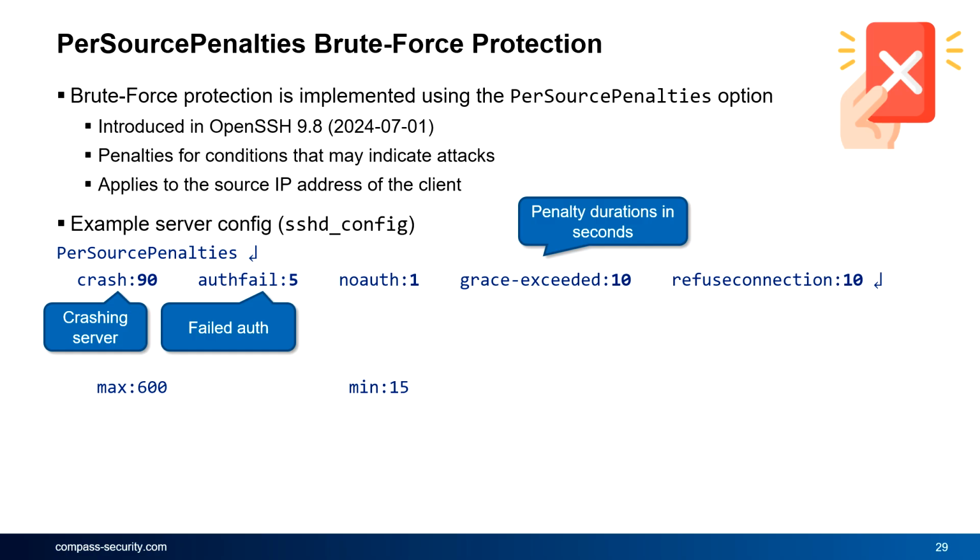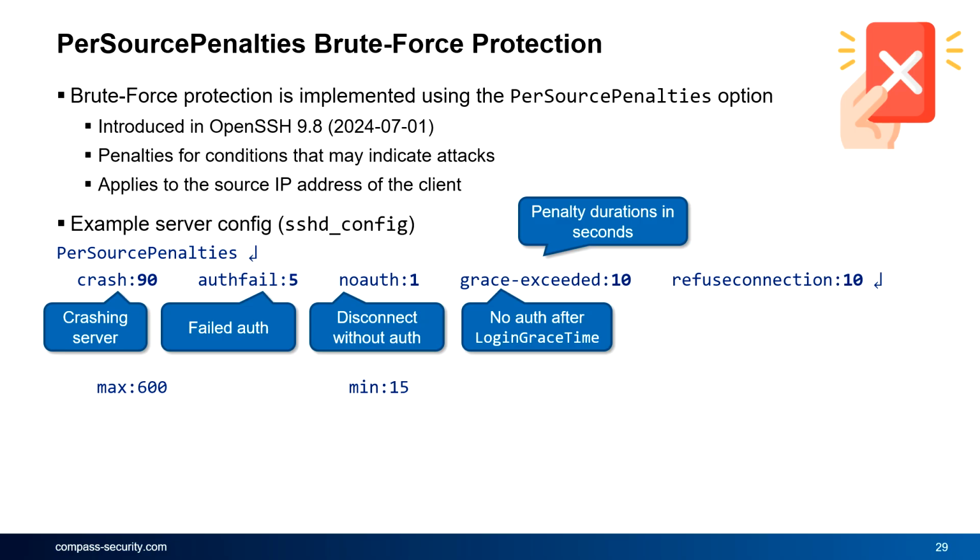If a client just connects and then disconnects without performing any authentication, this adds 1 penalty second. If a client just connects and waits until the login grace time that is configured on the server side is exceeded, this will add 10 penalty seconds.